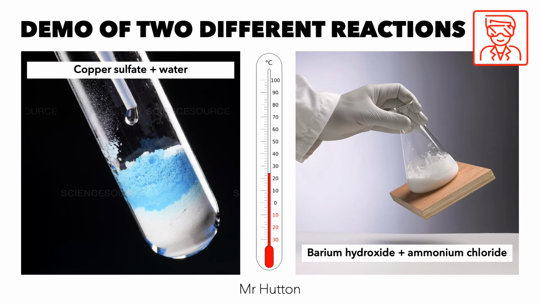So the air, the water, the conical flask itself, all of that, the temperature is going to drop dramatically, and it drops so much that it actually freezes the water between the two there, and it sticks to the bottom. So if you do get to see this, this is a really interesting reaction to see.